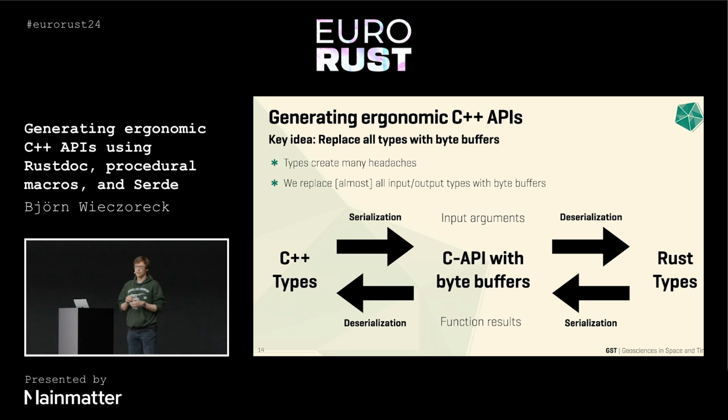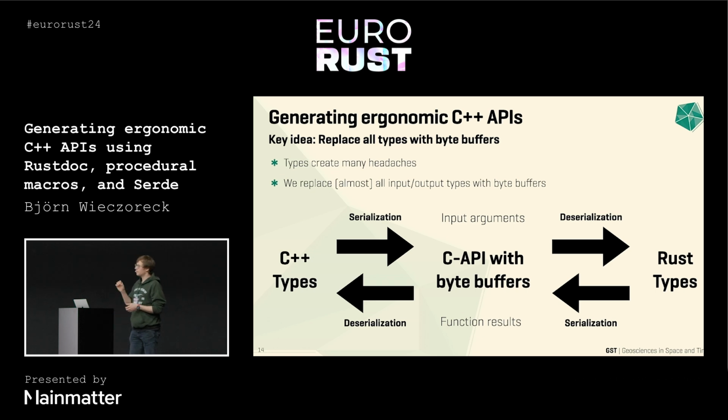types in this interface create many of the headaches that we had. So especially manual type conversion, and then all the other stuff that follows. So the idea now is we replace almost all of the input types in the interface with byte buffers. I've tried to visualize this here a little bit.